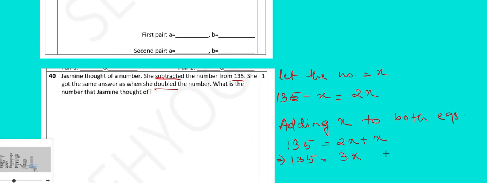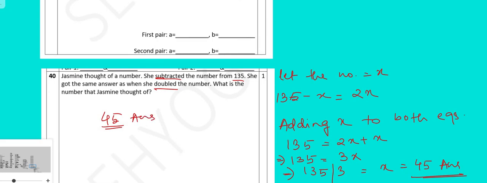Dividing both sides by 3, we get 135 by 3 is equal to x is equal to 45. Therefore 45 is the number that she thought of. This is our answer for question number 40.